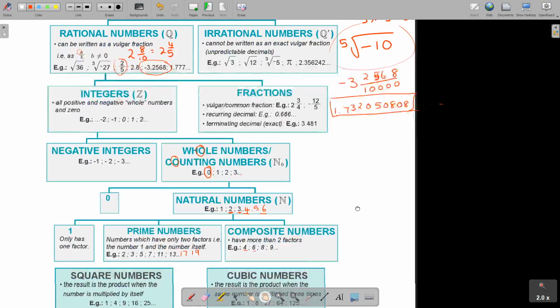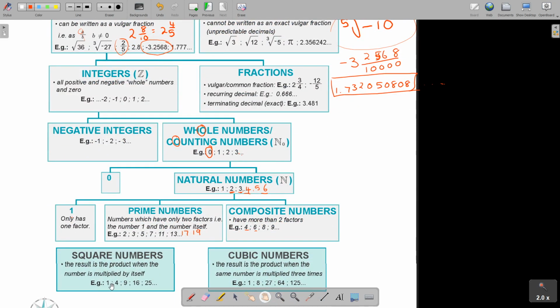Square numbers is if you say 1 squared, 2 squared, 3 squared, and that answer is a square number. Cube numbers, if you say 1 to the power 3, 2 to the power 3, 3 to the power 3. So that's to the power 3, and this is to the power 2.